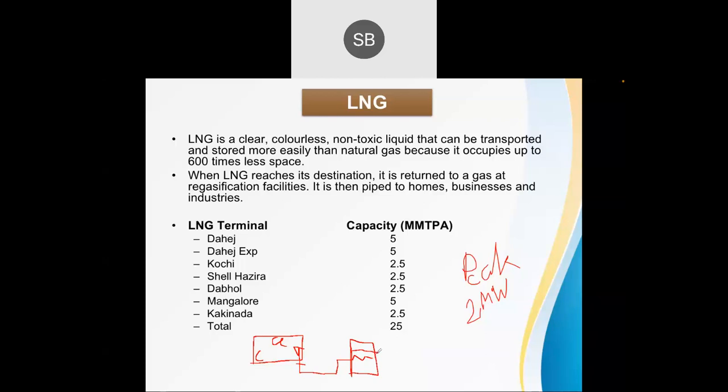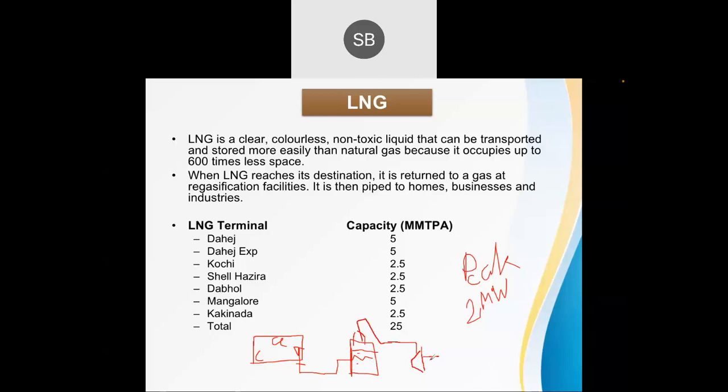So to recover the heat available in the exhaust gases, we pass them through a boiler, or we can say a heat exchanger, where the heat is given to the water.